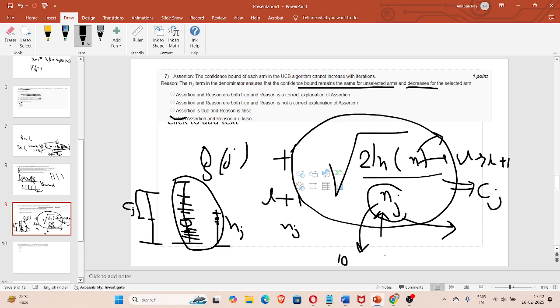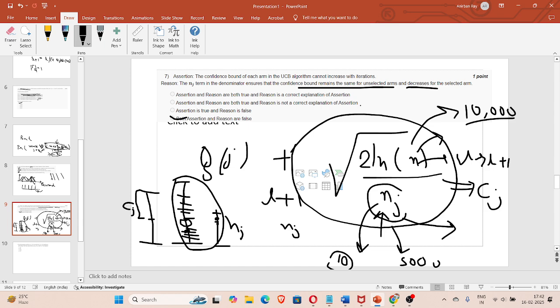Another situation can be that nj has been taken quite a few times, say 5,000 out of 10,000. Then you cannot say it is a very large number, because those are comparable. But in the first situation, this is a large number.